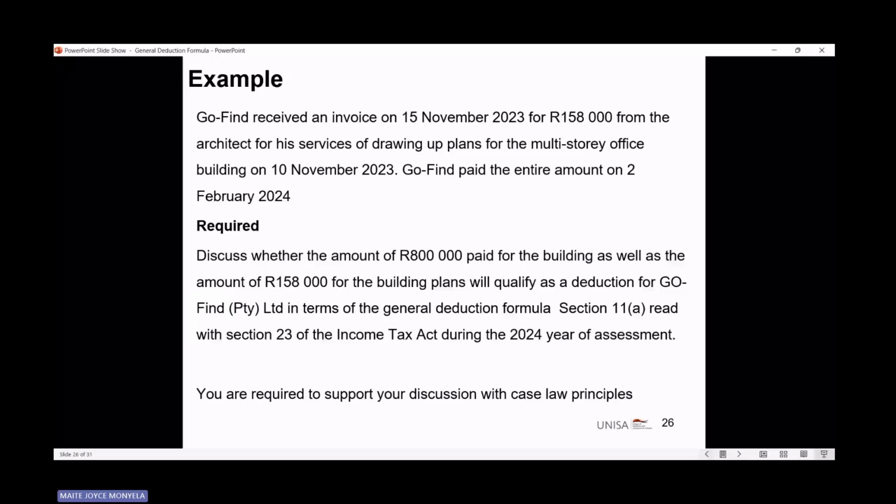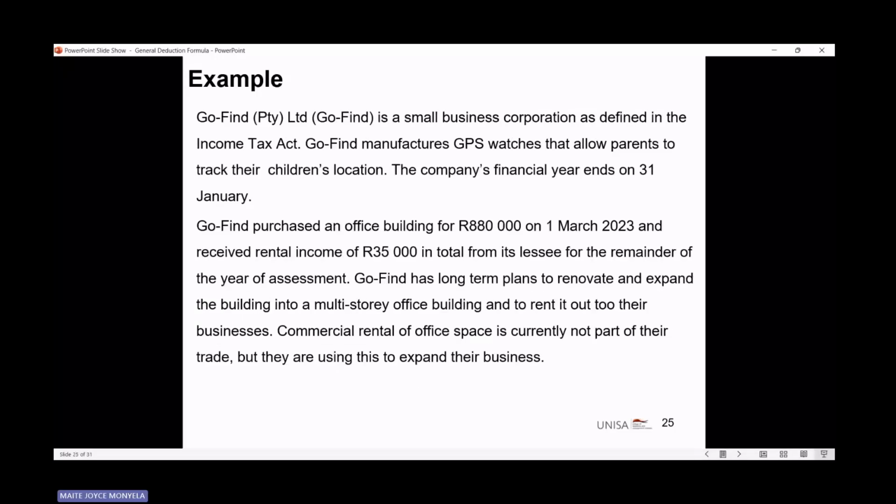So we have Co-find, a small business. They manufacture watches. Their financial year end is 31 January. They purchased a building of 880 on 1 March, and they received rental income of 35,000 in total.